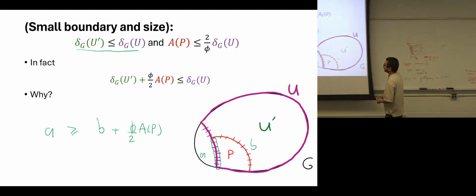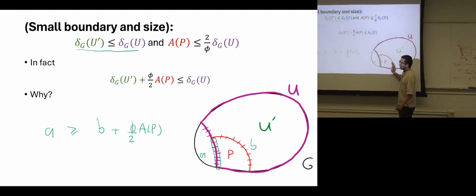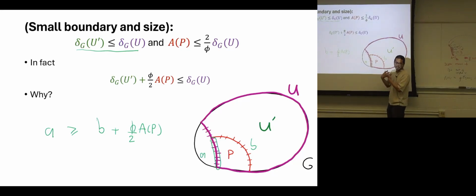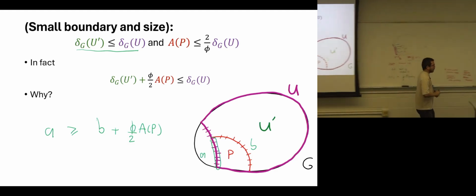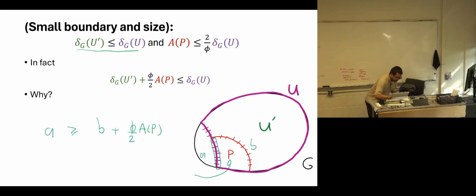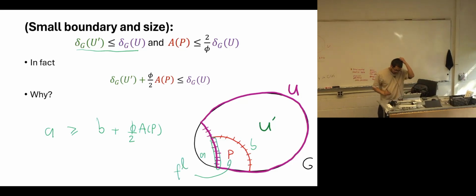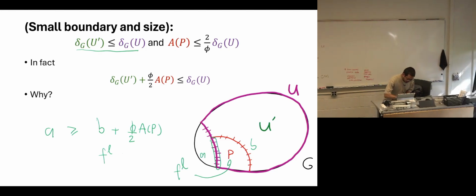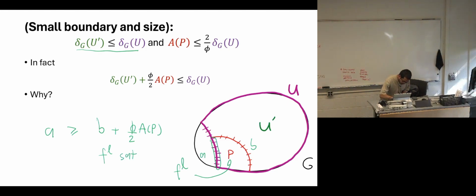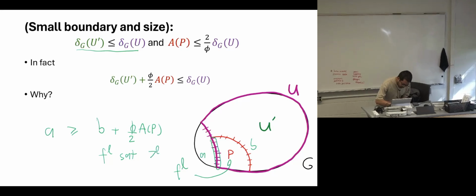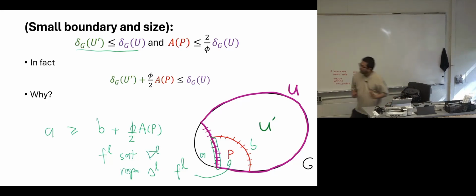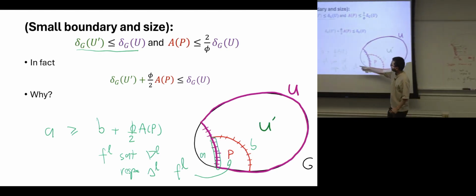You remember when we have a min cut, we have the flow before min cut and after min cut, and the flow before min cut will saturate the sink L, but respect the source L. What's the sink L?